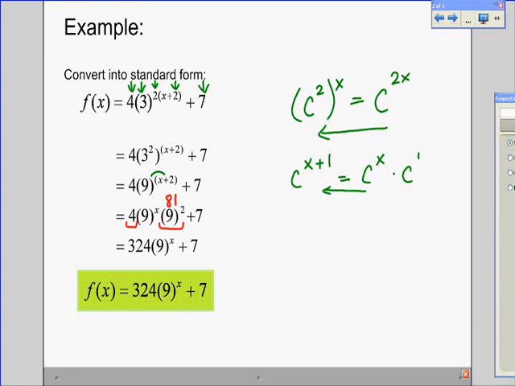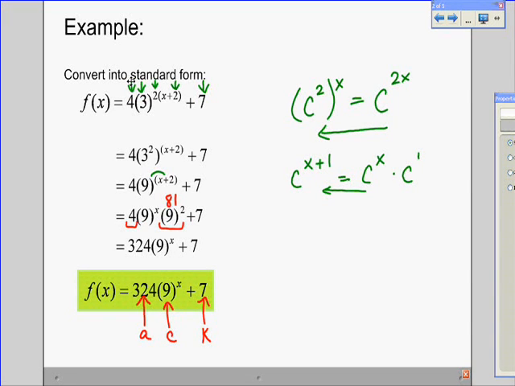So we have highlighted in green here our standard form. So our value of a out in the front here is 324. Our base, c, which is also another parameter, it's a new parameter to us. Our base c is 9. And our value of k is 7.